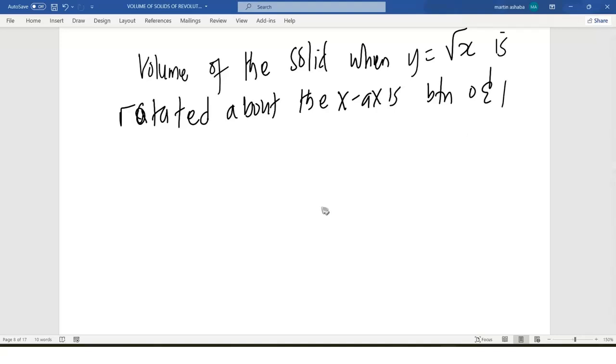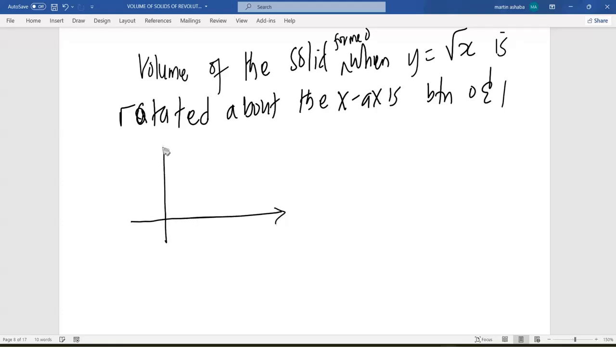Now, we want to determine the volume of the solid that is formed when y is equal to root of x is rotated about the x-axis. So we are going to sketch this.